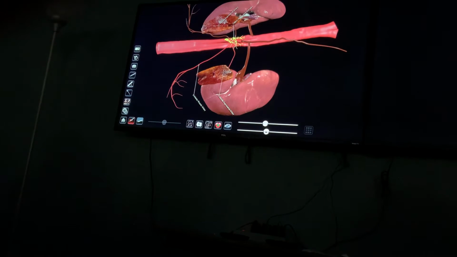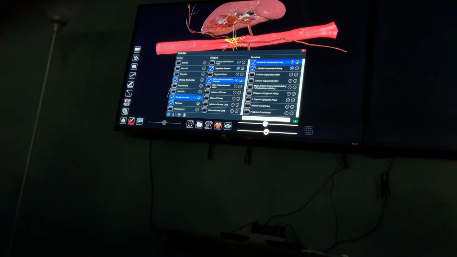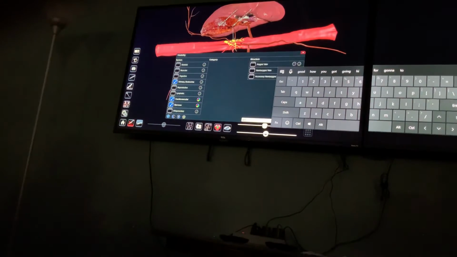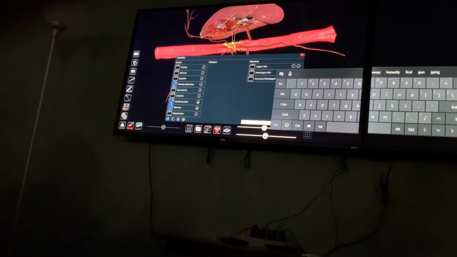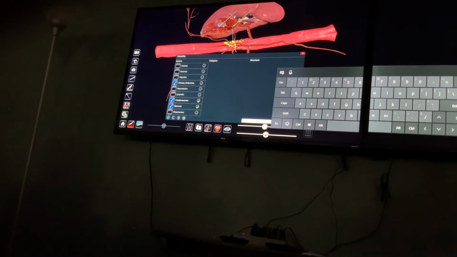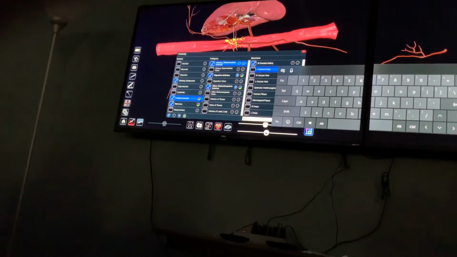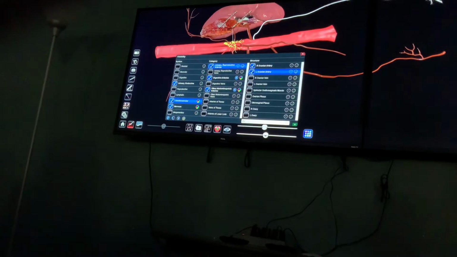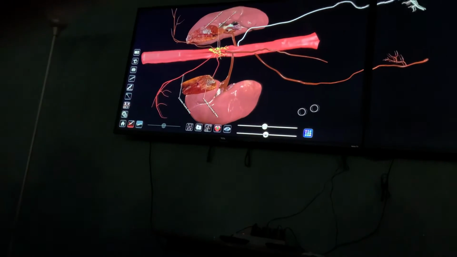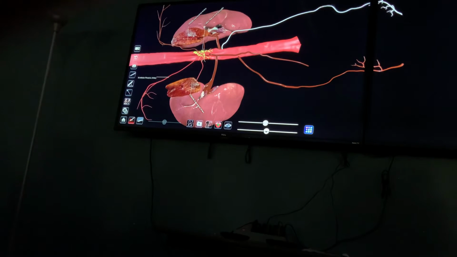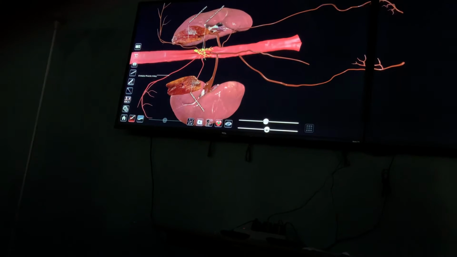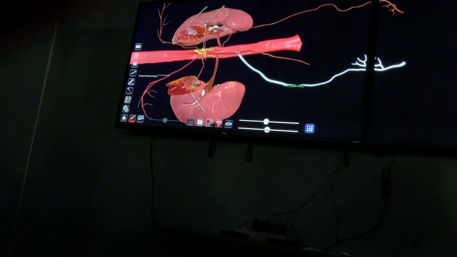Now, as we continue moving down, we're going to see our gonadal vessels. Generically, they're called the gonadal artery and vein. But if you're looking at a female cadaver, then it's going to be the ovarian artery.